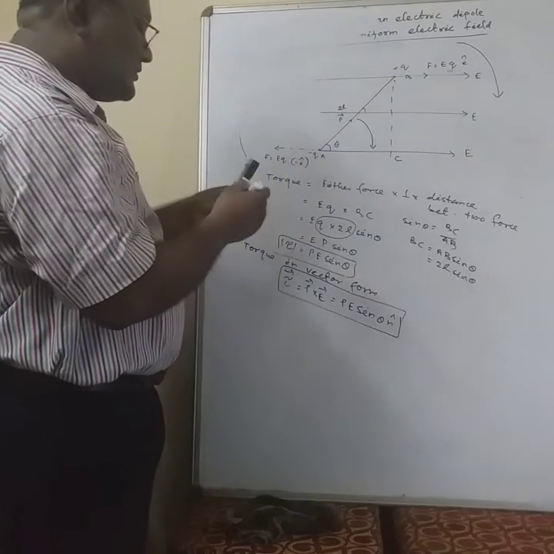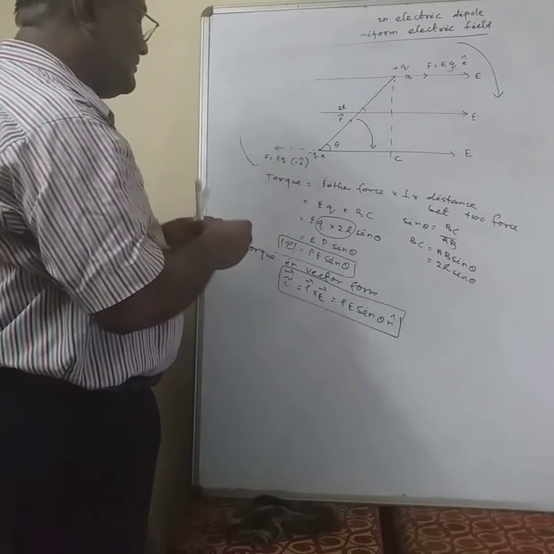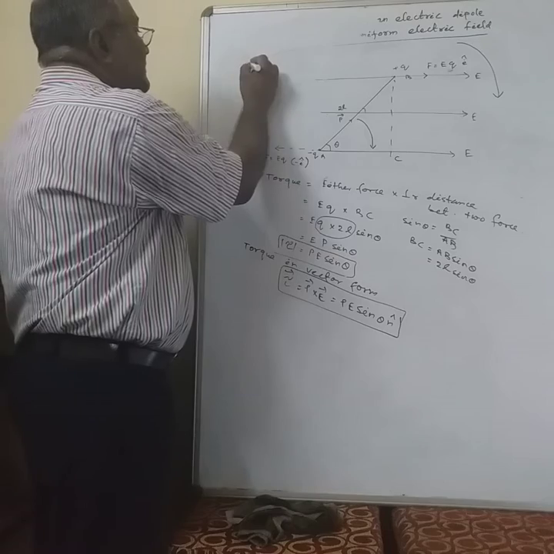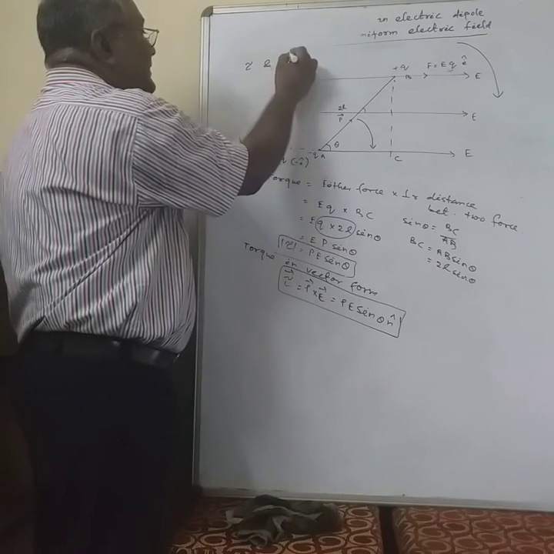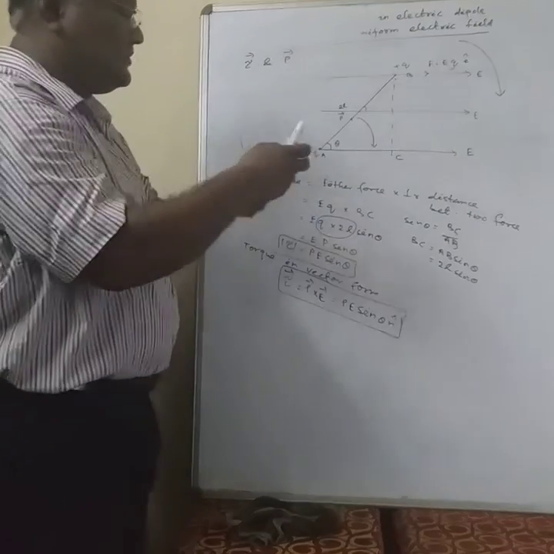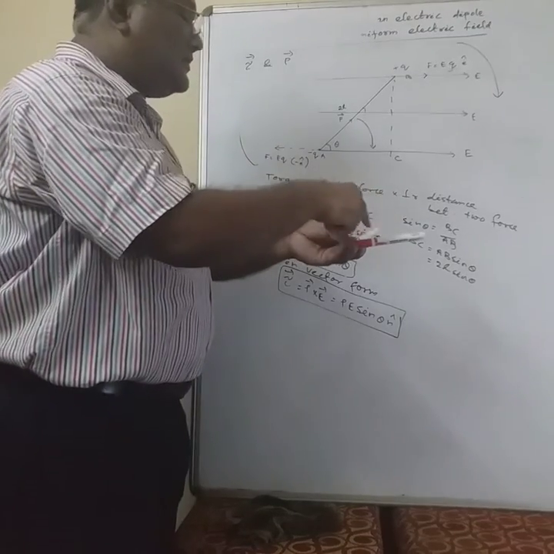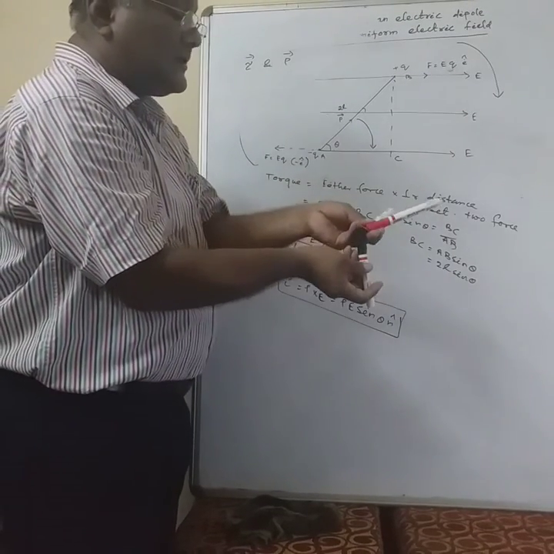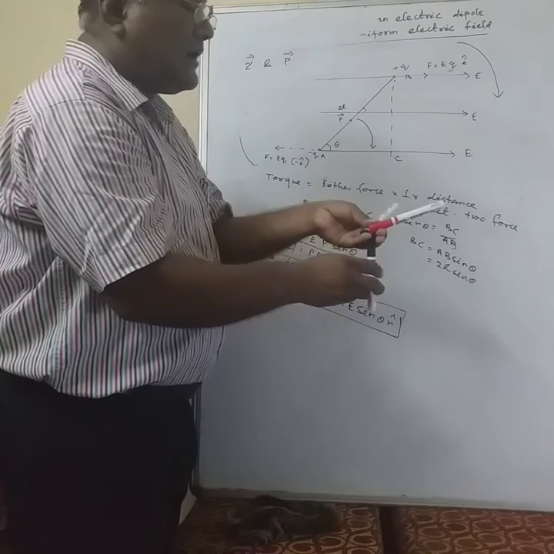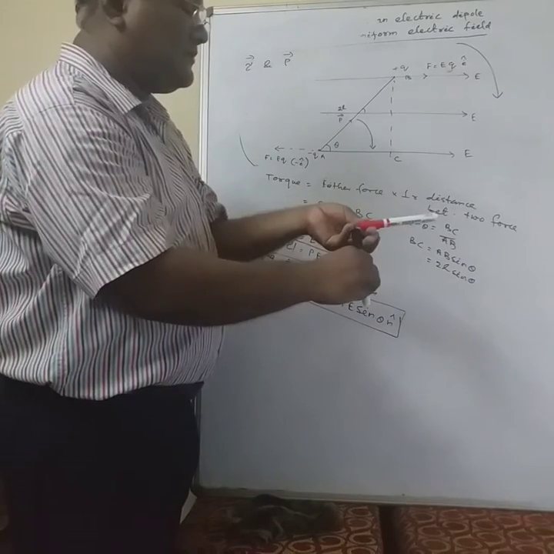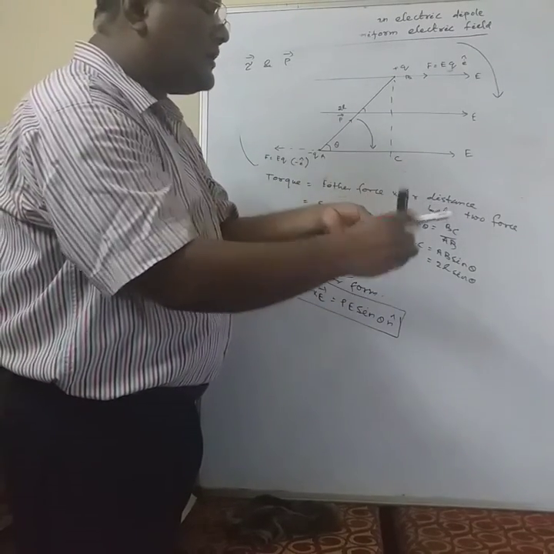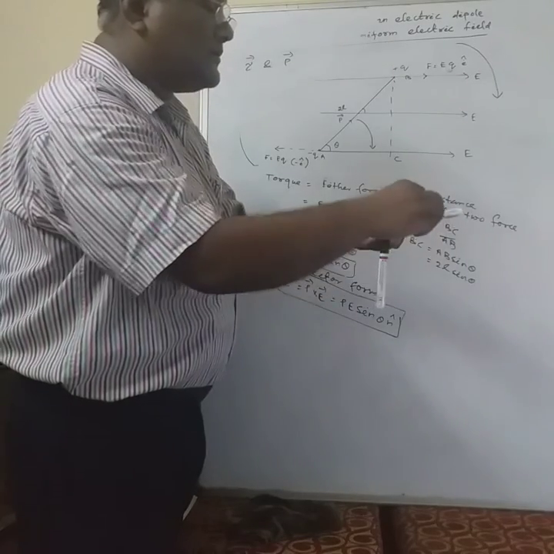Name the pair of vectors who are perpendicular to each other. Number one, torque and P. They are perpendicular to each other. You see, this is P vector, this is E vector, torque is coming like this. Torque and P vector are perpendicular to each other, and torque and E vector are also perpendicular to each other.